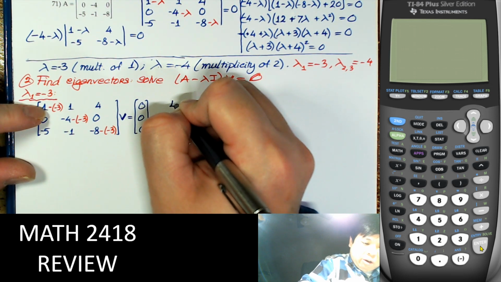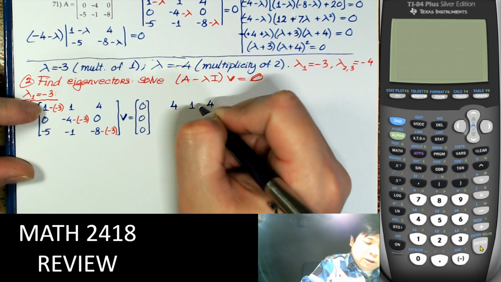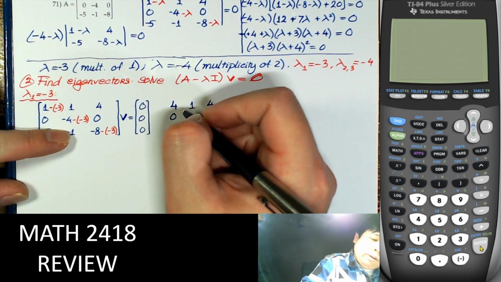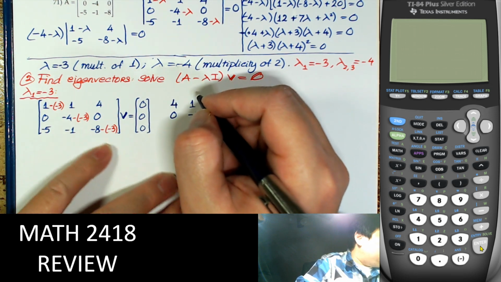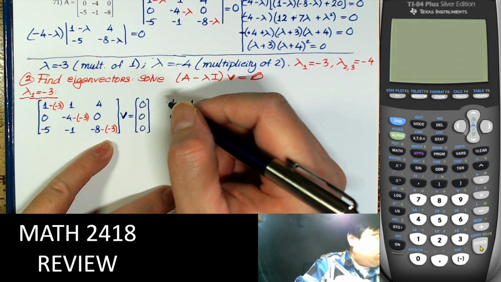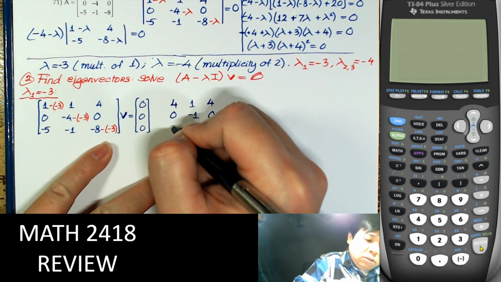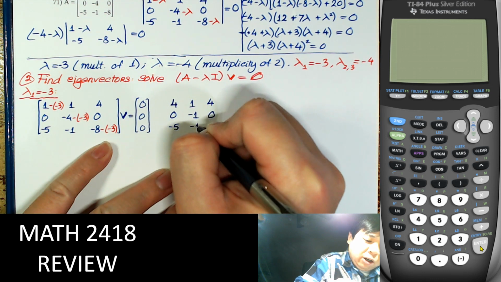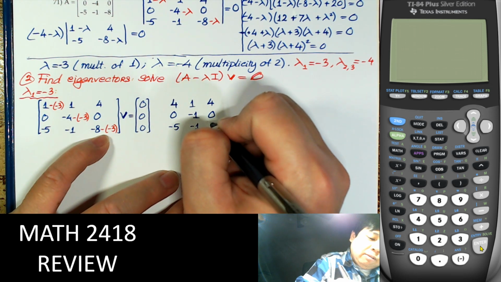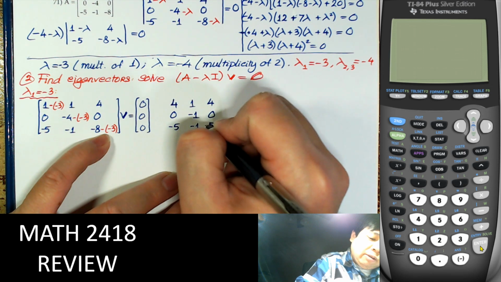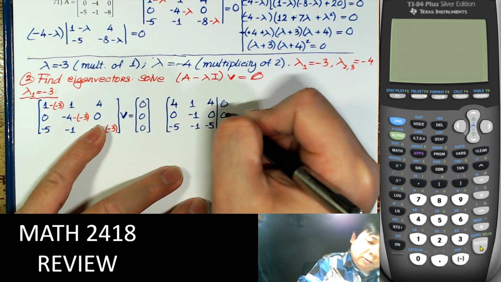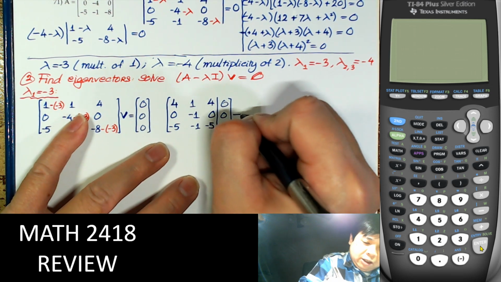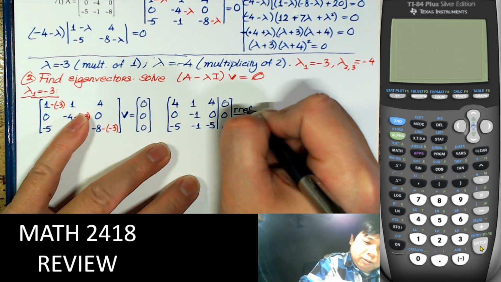It was 4, 1, 4, 0, 0, negative 1, 0, negative 5, negative 1, and negative 5. Right. Reduce to echelon form.